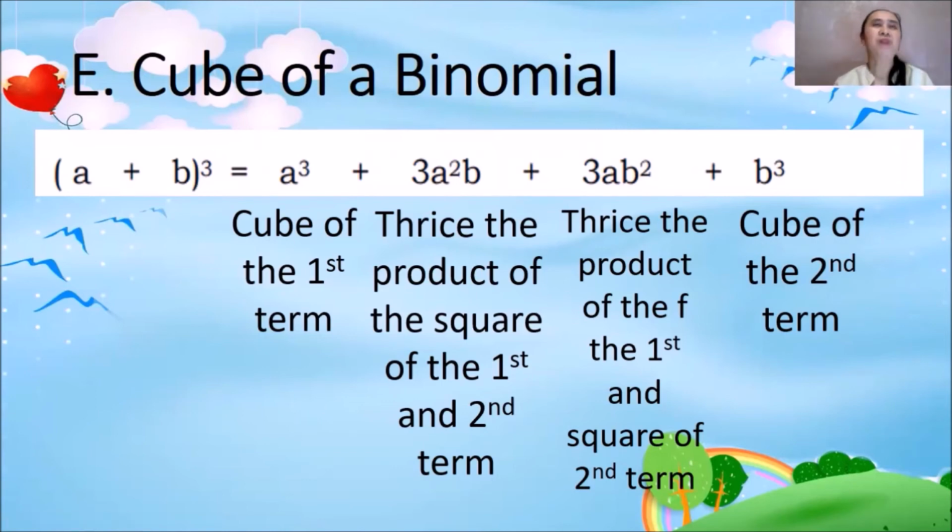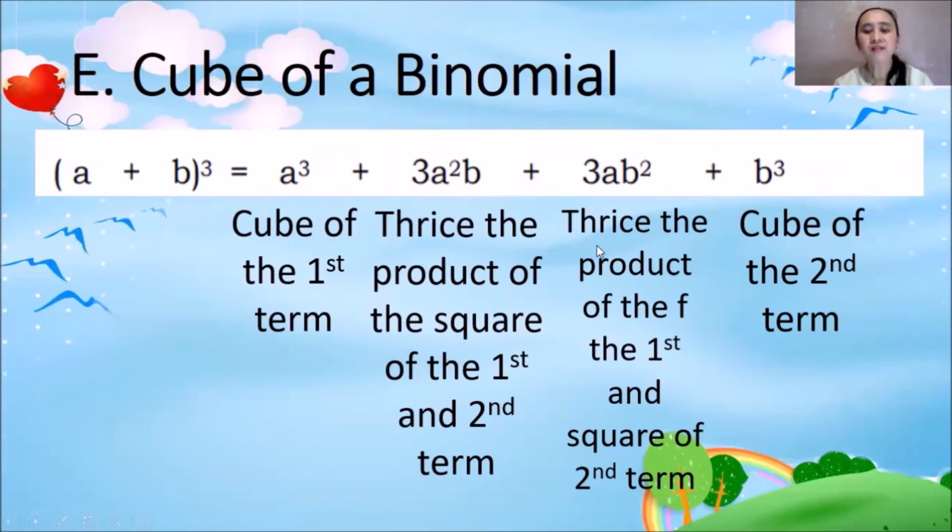So we still apply the laws of exponents in solving the cube of a binomial. So this is the procedure of how to solve the cube of a binomial. I repeat, cube the first term. Thrice the product of the square of the first term and the second term: 3 times the square of the first term times the second term.